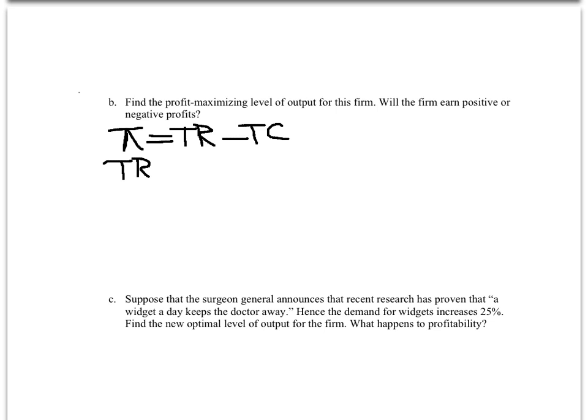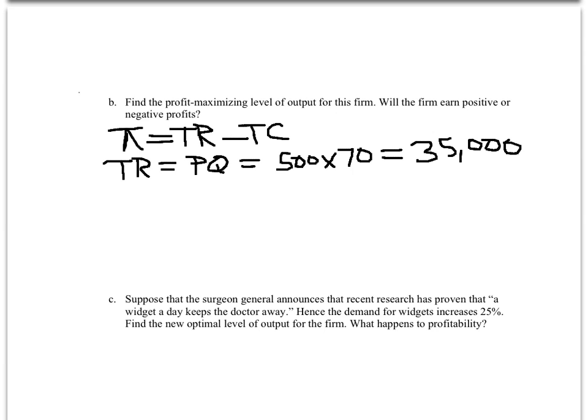Total revenue is price times quantity, so in this case it's 500 times 70, that's 35,000. And then total cost, we had an equation for it in the previous problem. Once you find that, to find the profit, you subtract the total cost from the total revenue.